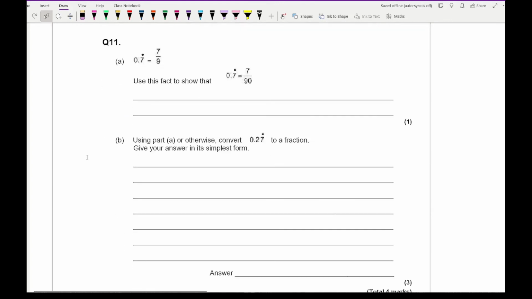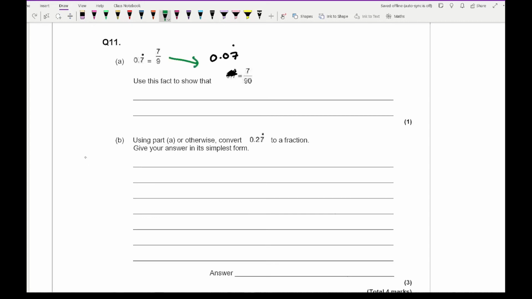Then with question 11, it says that I then need to show that the fact that 0.9, there is a bit of an error in this particular question, so let me just correct that. So that should be 0.07 recurring. I don't know, there must be issues with the copying of the question. So here we've got to use this to get to this.